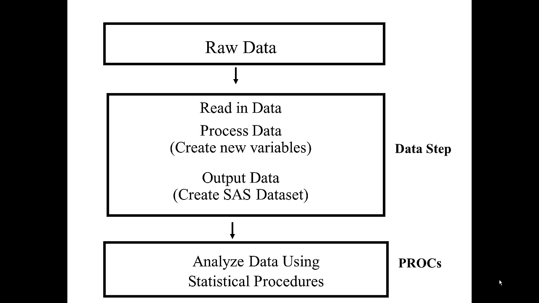This part of your program is called the data step. Within the data step, you can also add new variables based on the data read in. The data step also outputs your data to a SAS data set. A SAS data set is a special kind of file that contains your data. To do analyses, your data must be in a SAS data set.